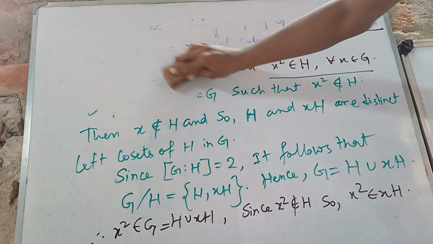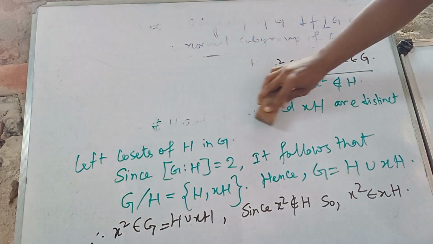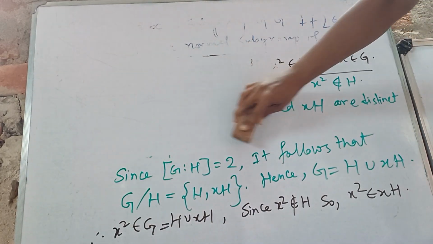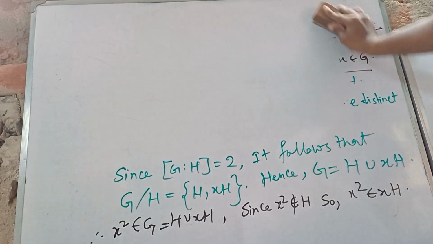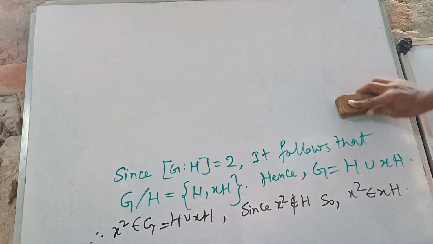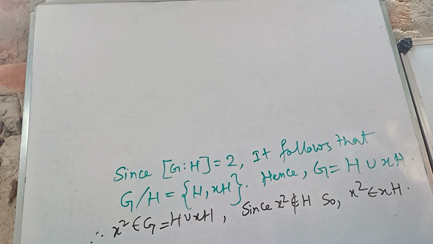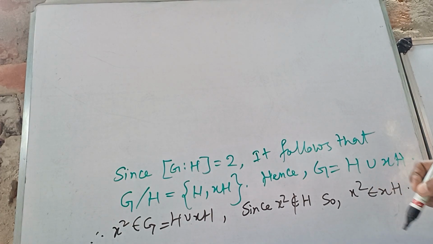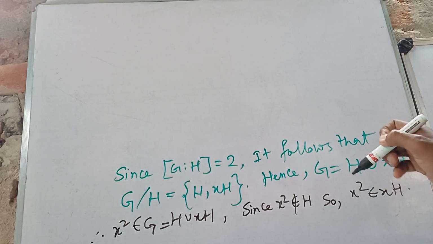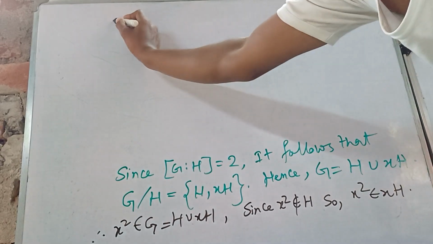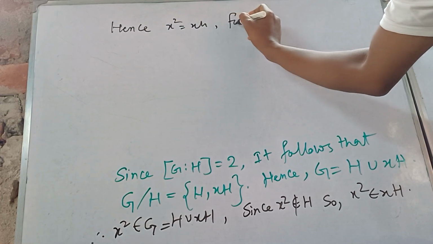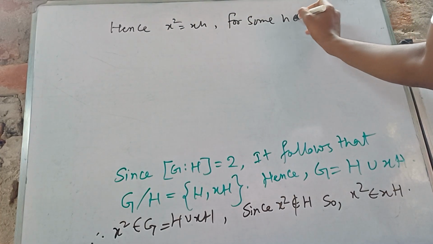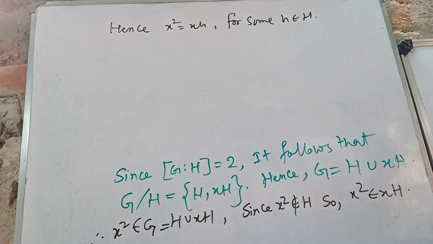Now x square belongs to xH, so hence x square equals xh for some h belongs to H.